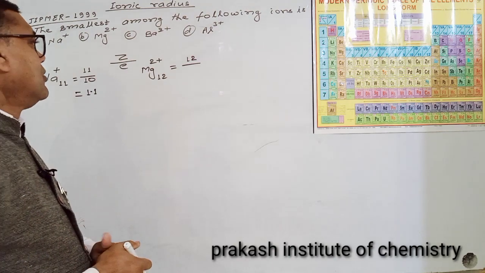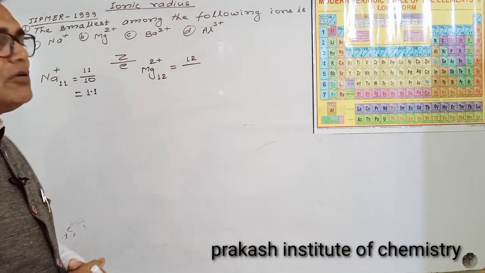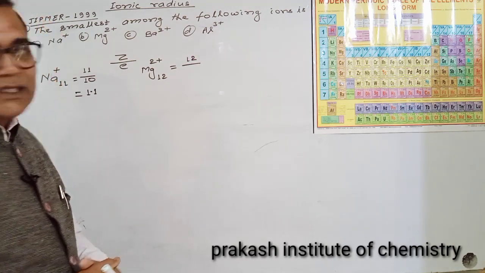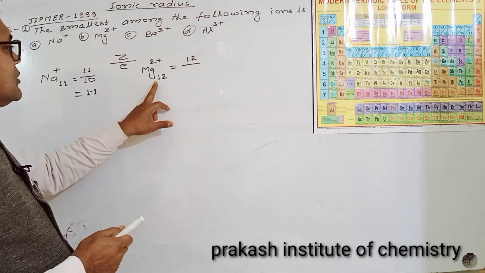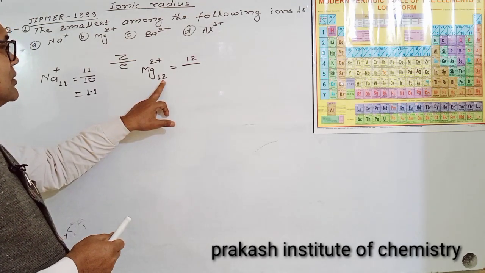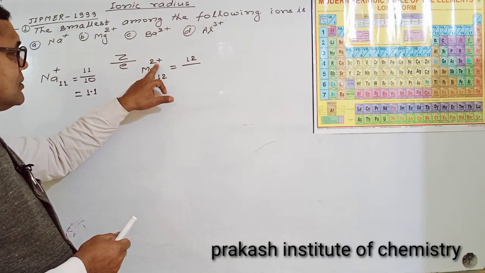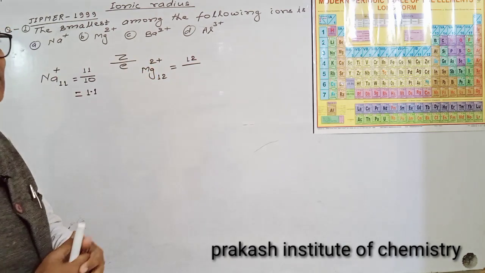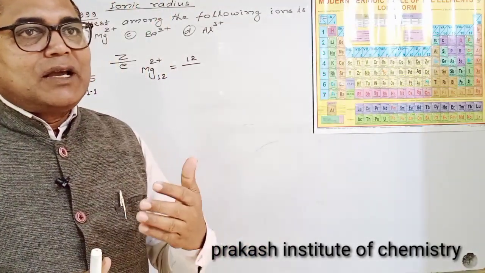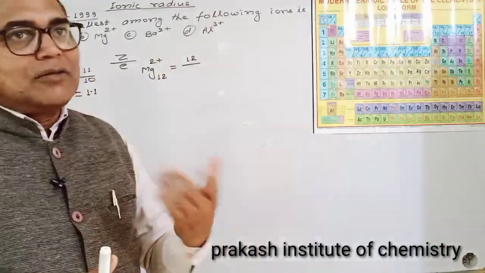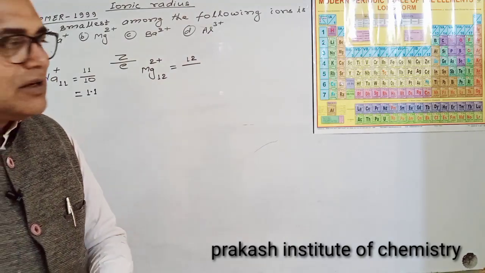Now we calculate the value of E in magnesium ion. Here 12, here 2 positive charge. This indicates 2 electrons removed in magnesium atom and converted into magnesium ion.